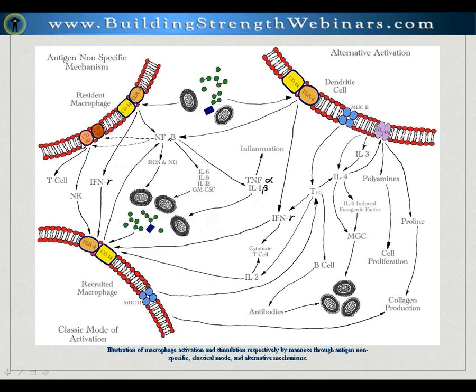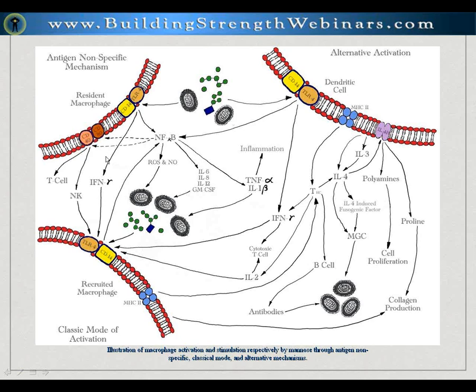This also causes expression of CD40 and CD80, which turns on T cells. And when these receptors are activated, they produce interferon gamma, and they go and help activate macrophages that have been recruited.